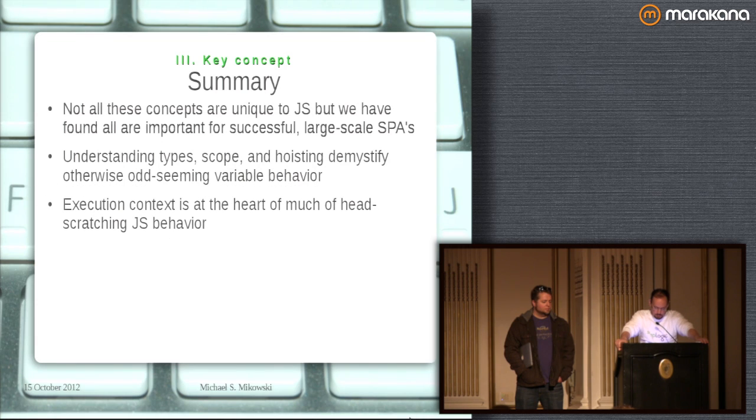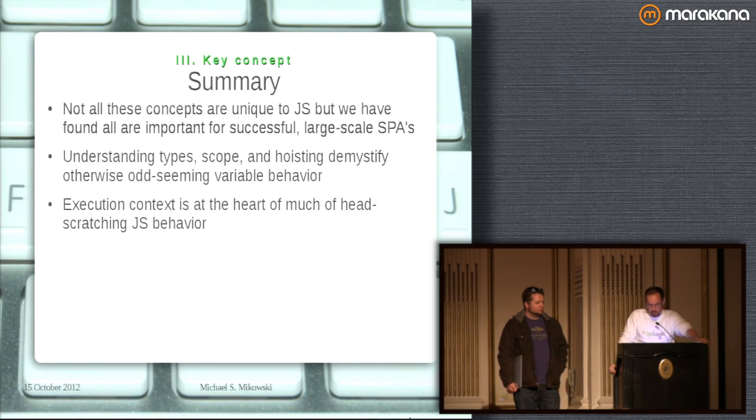Another thing that I think is very important to take away is that the execution context object is at the heart of much of the head-scratching behavior with JavaScript. Remember that object's there. Remember when you create an object that you are creating a closure over the execution object, and things start making sense that used to make me scratch my head a number of years ago.